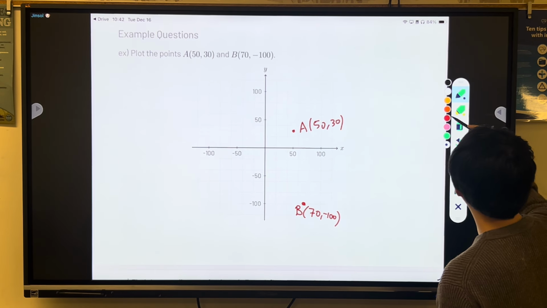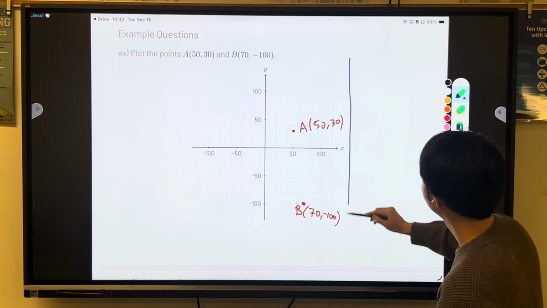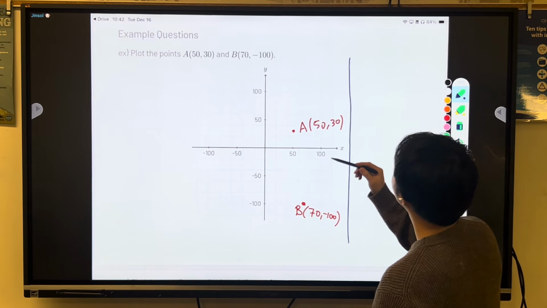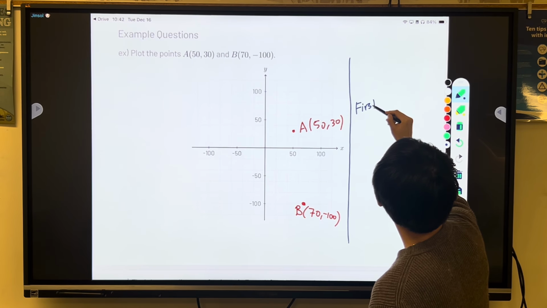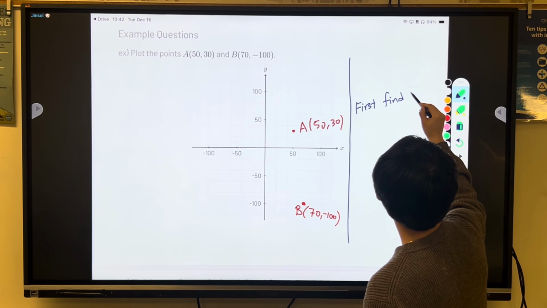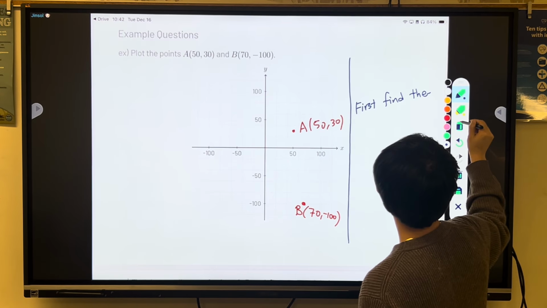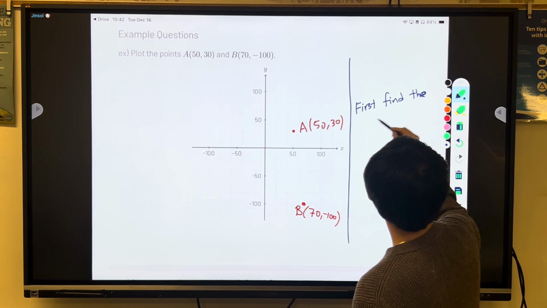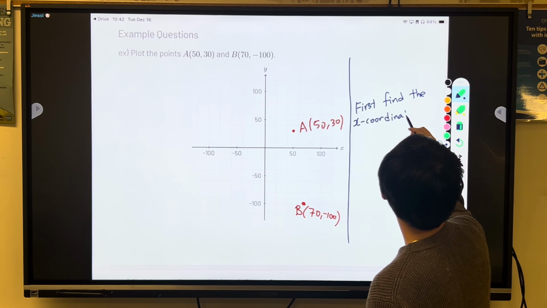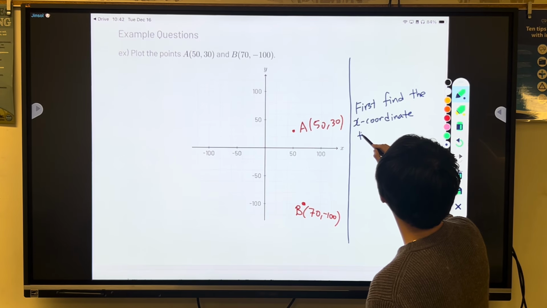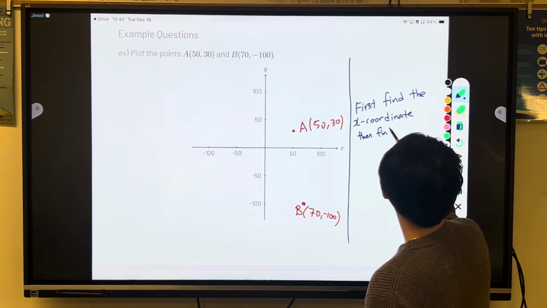So let me try to annotate the process here. Okay, so to find A, first find the x-coordinate, and then find the y-coordinate.